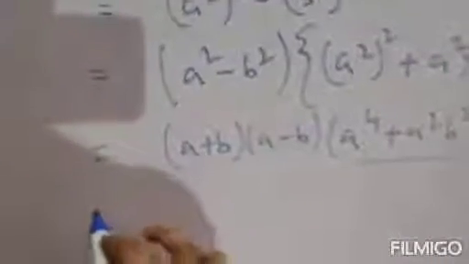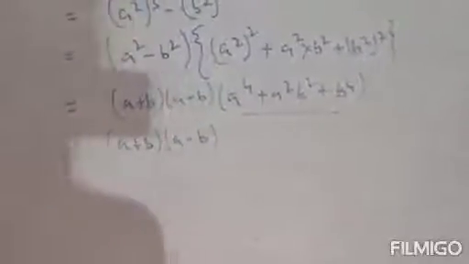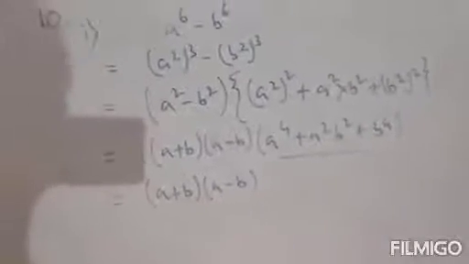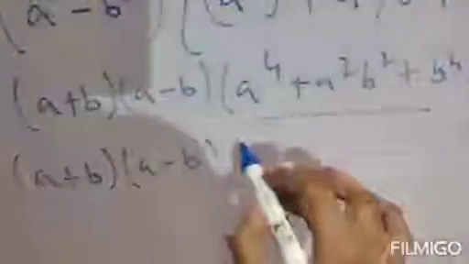So how can we split? Just like this, a plus b, a minus b, and this is a to the power 4 plus a square b square plus b to the power 4. You can also just take it as it is, but if you wish to split this, we will split like this.